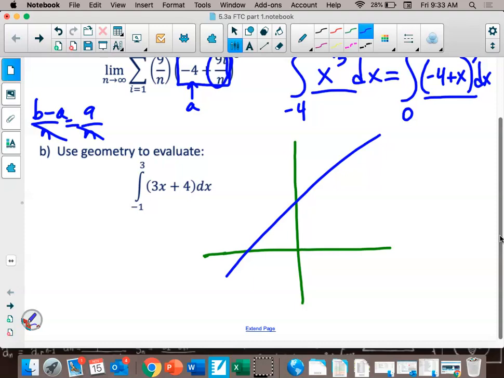What kind of shape is this? Well, it would be helpful to know where -1 falls on this graph. If you don't know, just plug the -1 in. -3 plus 4 is 1. So let's just say that's the point (-1, 1). And then at 3, you plug in a 3 and you get 13.